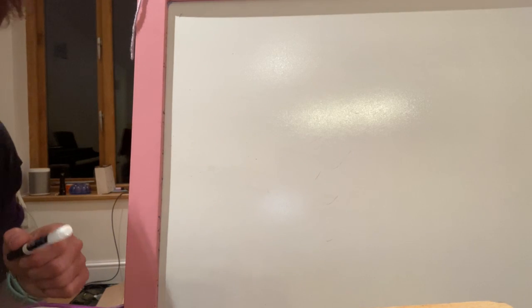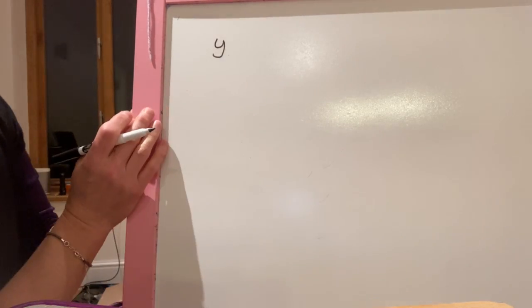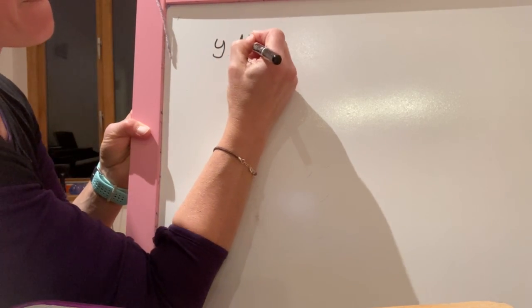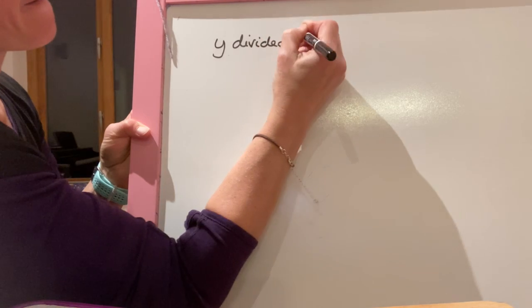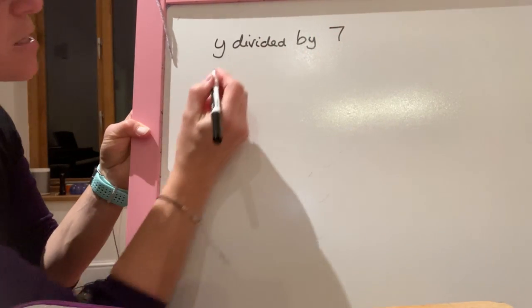So let's take the expression. I'll use the letter Y for the unknown in this one. So Y divided by 7 is going to be one of them.